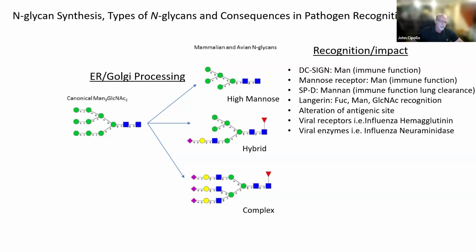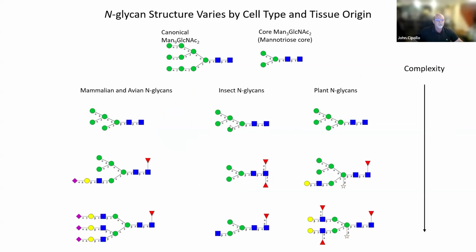Viral receptors: for instance, influenza has a receptor binding domain that tends to bind a range of different glycans, specifically alpha-2 or alpha-6 terminated glycans, and also viral enzymes. Influenza neuraminidase is a key enzyme that helps the influenza release and get through the mucosal layer to actually get to the cell surfaces where it can infect. So these are aspects of glycans and glycan interactions that we're concerned with.